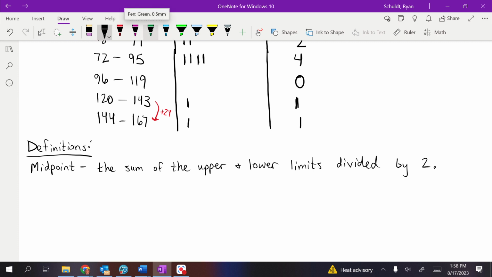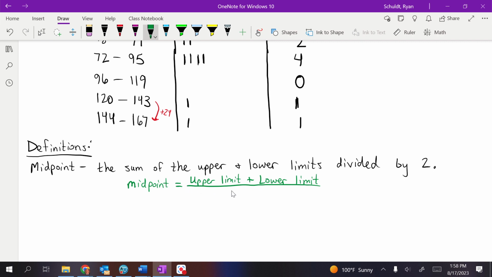So if you're a formula person and you like formulas, I don't know that this one is on your formula sheet, but again, if you like using your formulas, the midpoint is going to be the upper limit plus the lower limit, all divided by 2.